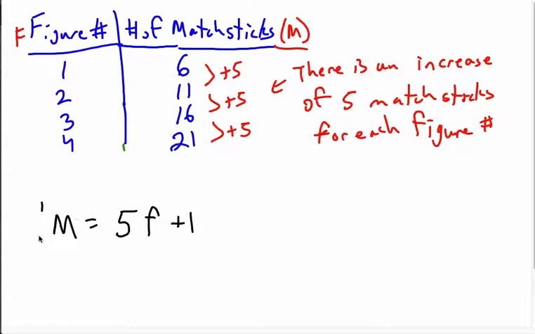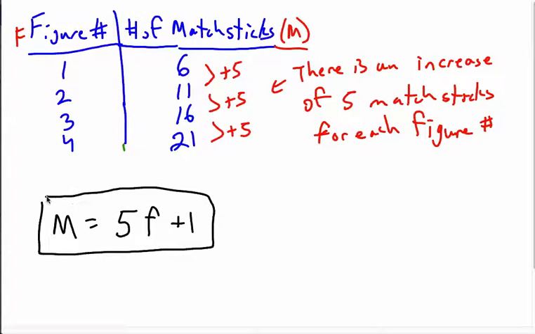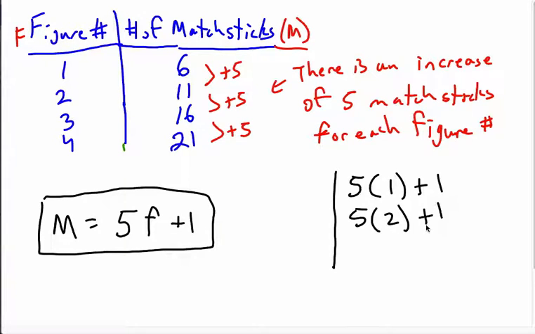Okay, so this works for everything in the table. You can even extend your table and make another column and show that 6 is 5 times 1 plus 1, and 11 is 5 times 2 plus 1, 16 is 5 times 3 plus 1, and so forth. So this is our general rule.